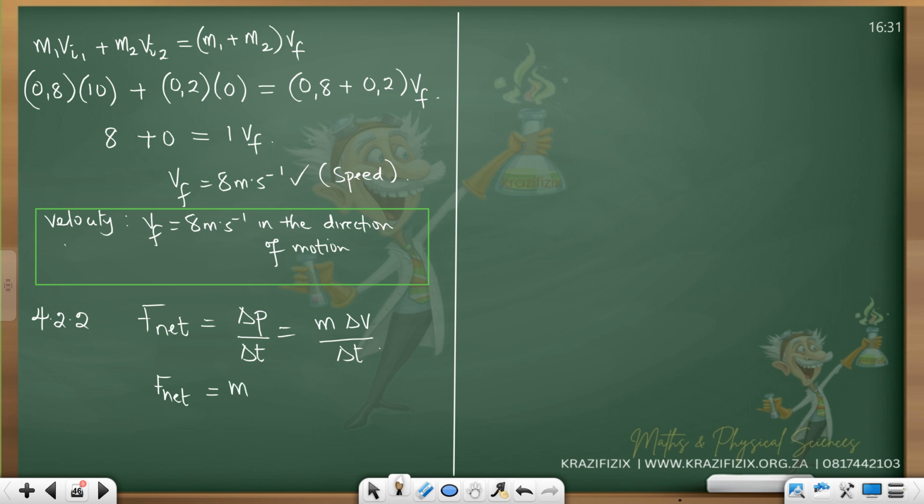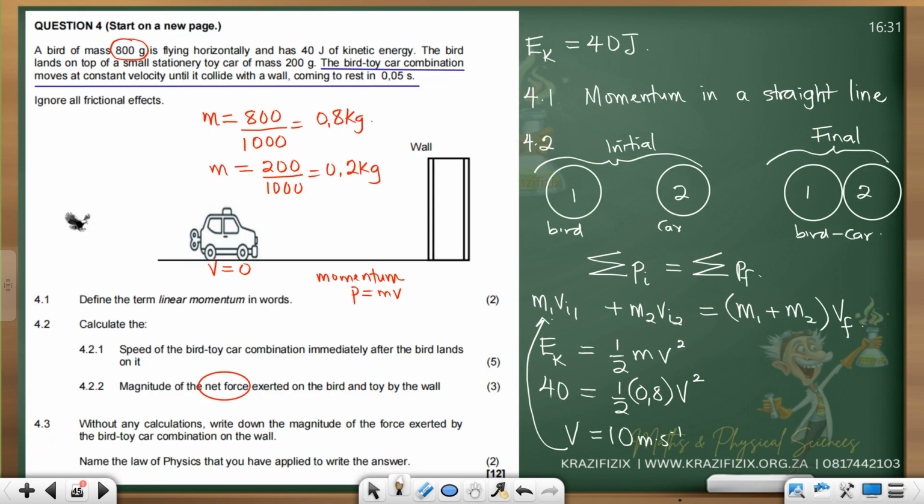So we see m, vf minus vi, over delta t. Now, their combined mass is 1. Their final velocity is 0. And their initial velocity is 8. And the time, I think it's 0.05. Let me go back quickly. Yes.